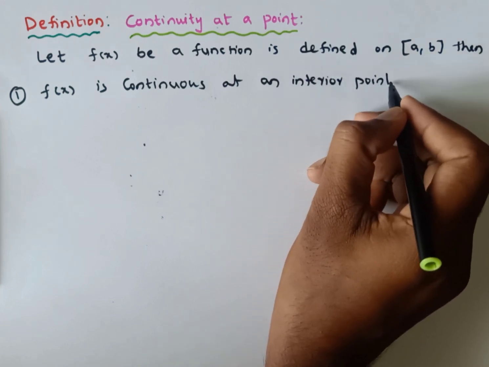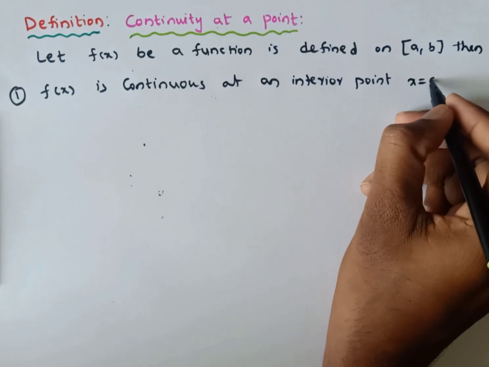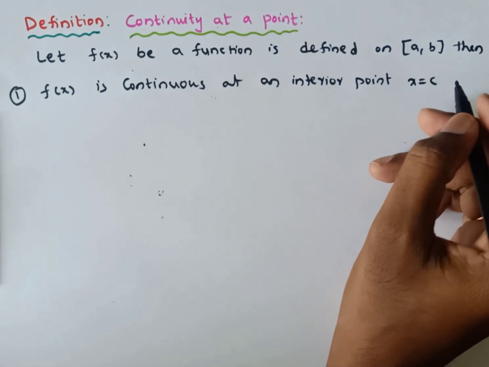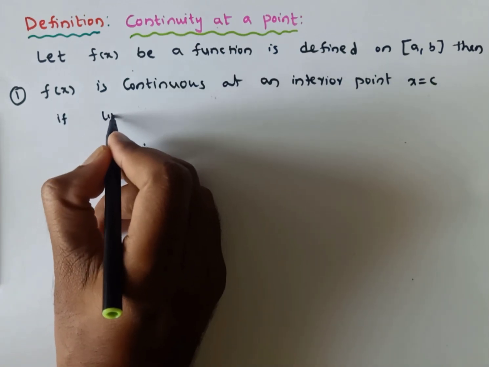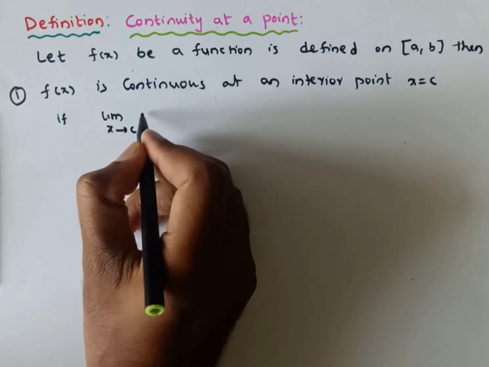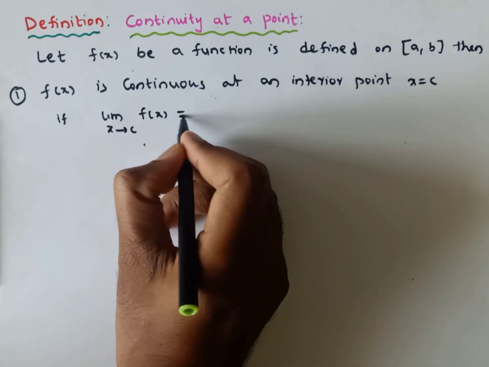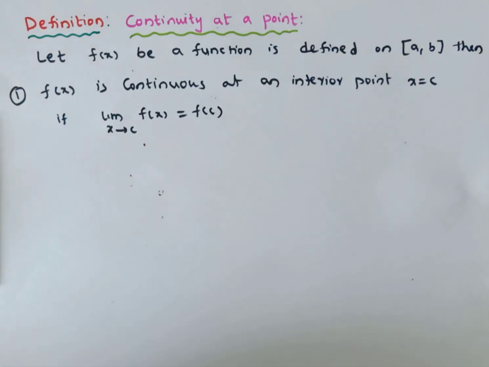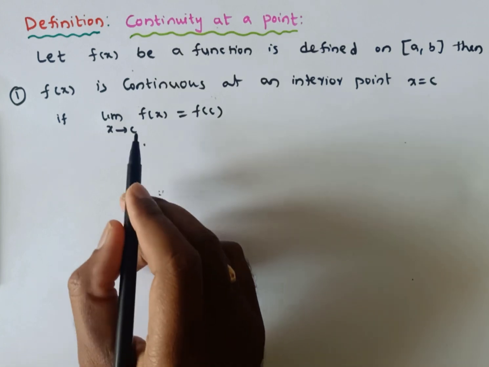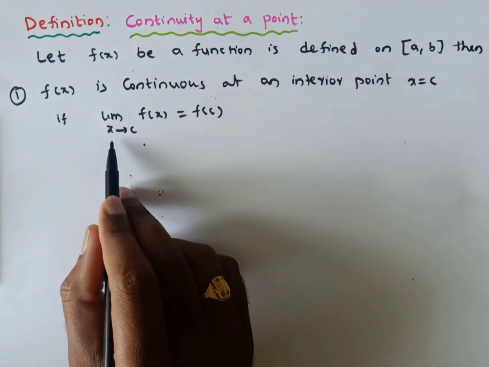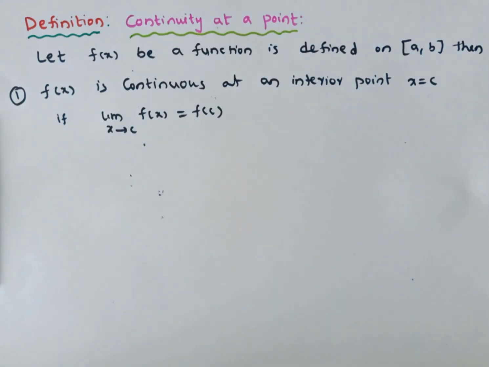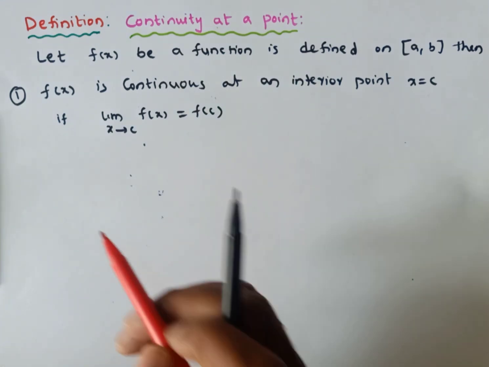Let the interior point be x equals c, where a is less than c less than b. For continuity to exist at that particular point, what is needed? The limit as x tends to c of f of x must exist, and it must be equal to f of c, as we said earlier graphically. So the function f is said to be continuous at x equals c if and only if the limit as x tends to c of f of x equals f of c.